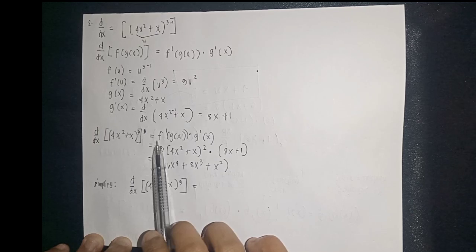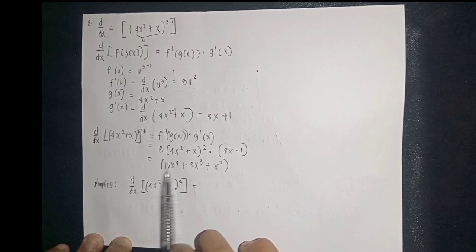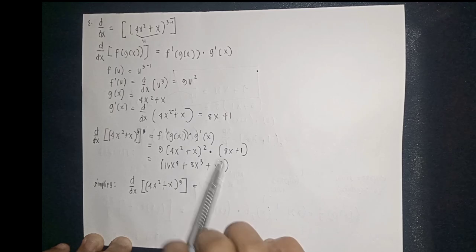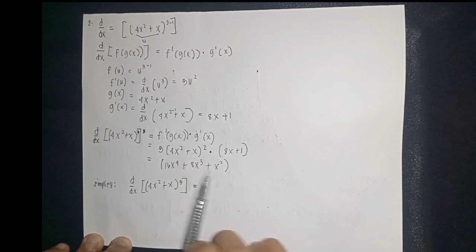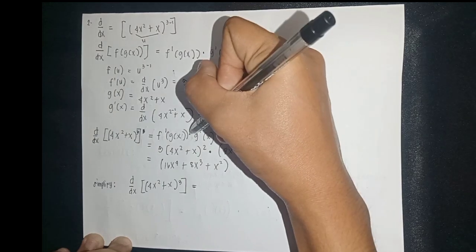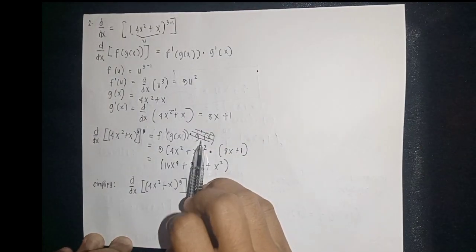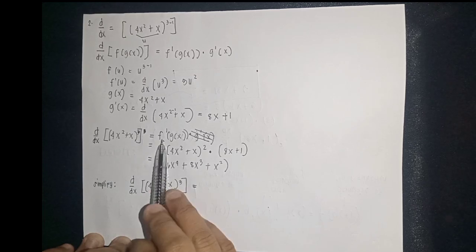so for our f prime g of x we have 3, but the squared 4x squared plus x we have to substitute, because we already differentiated that function.